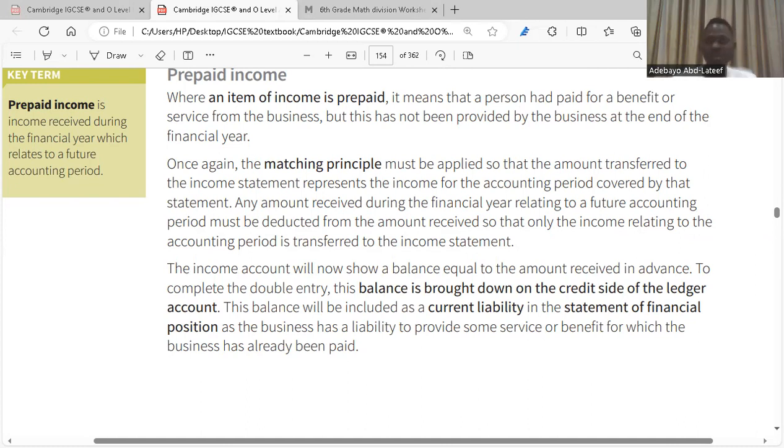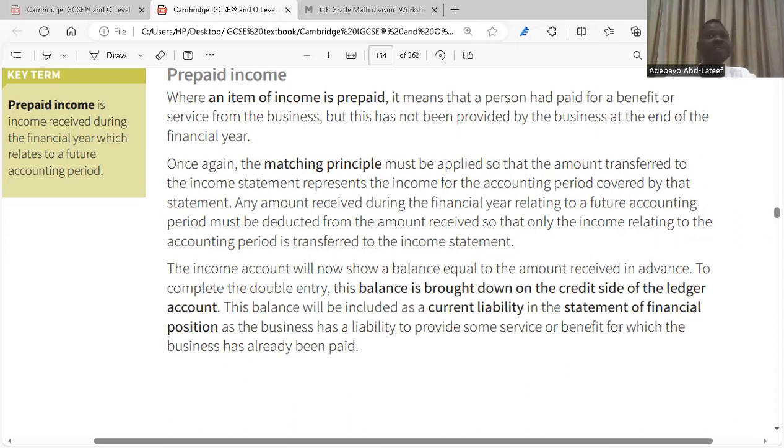So, for example, you have a prepaid income of 5,000 on commission, maybe a transaction for 5,000. Let's assume that you have to do 4 advertisements for a company for $5,000. And you have done only 3 advertisements.